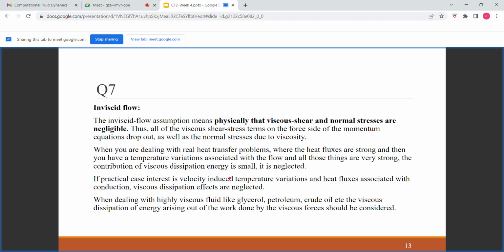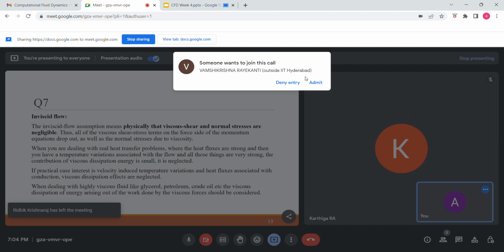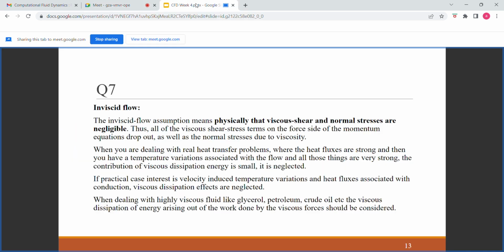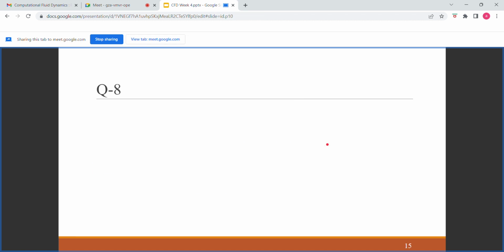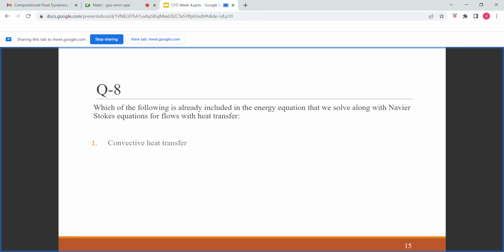But when we are dealing with highly viscous liquids like glycerol, petroleum, crude oil, we need to consider the work done by the viscous forces. So we'll continue with the problems.